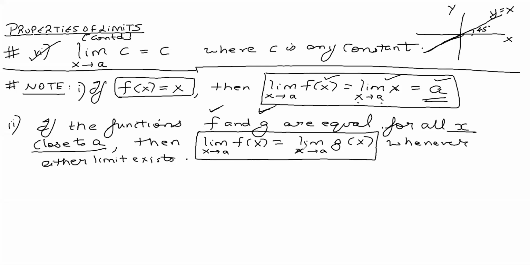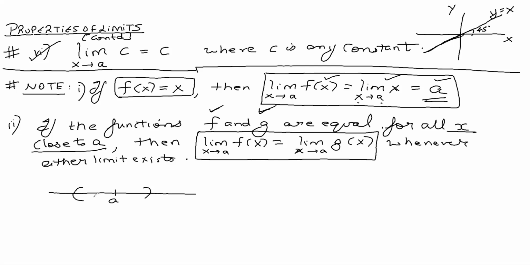I am again repeating it. Suppose you take a small neighborhood around a. Neighborhood means values closer to a, to the left and to the right. Suppose this is my value a. I take a neighborhood around it.